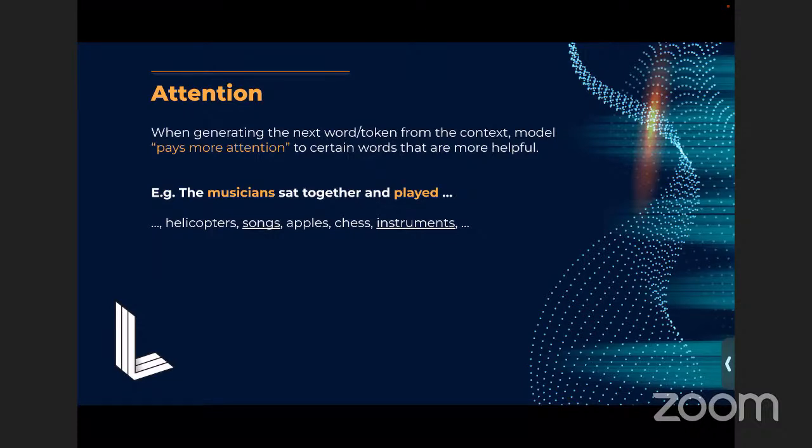So for example, if the context is the musicians sat together and played, the model would pay attention to musicians and played a bit more, so that instead of predicting played helicopters or played chess, it would know that it wants to predict something like played songs or played instruments as the next token.